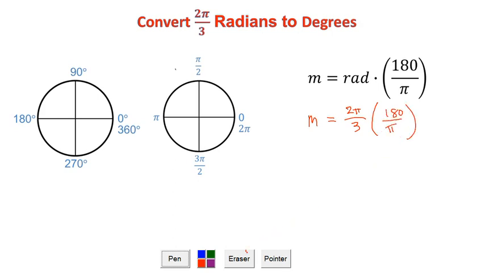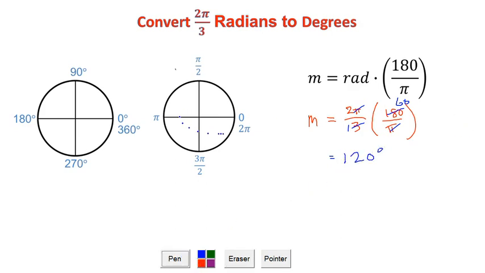This one kind of works out pretty nice. We can actually cancel pi. We can simplify this. 180 divided by 3 is 60. And that changes this to 1. And we've got 2 times 60, which is 120. Oh, actually there's nothing in the denominator, so I can just write right here. Our final answer is 120 degrees.